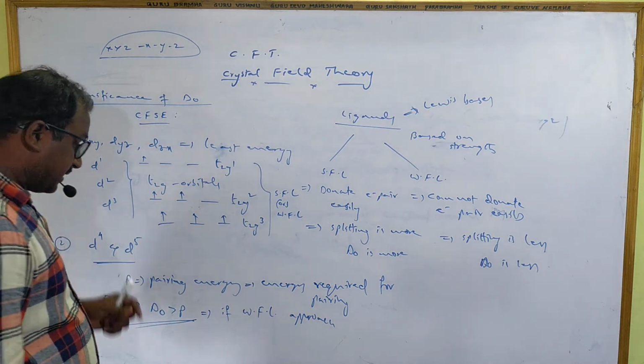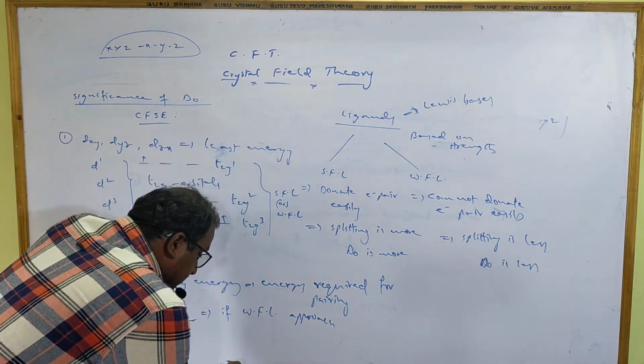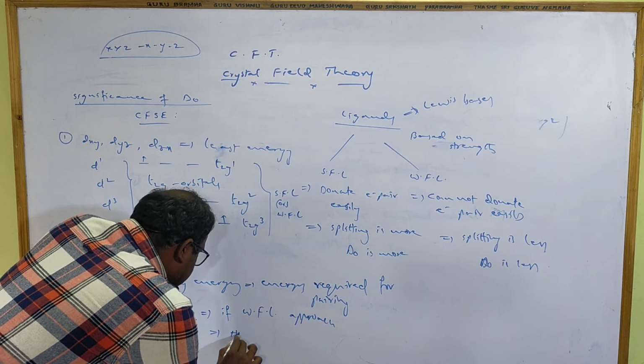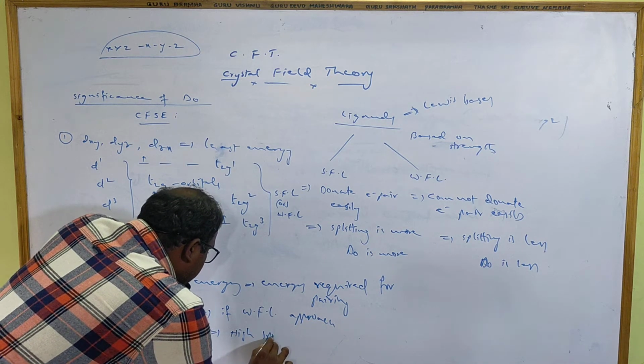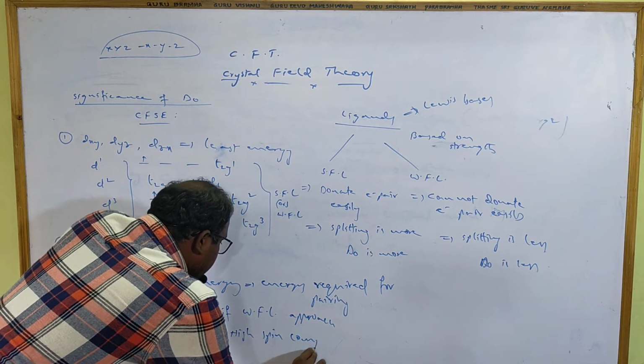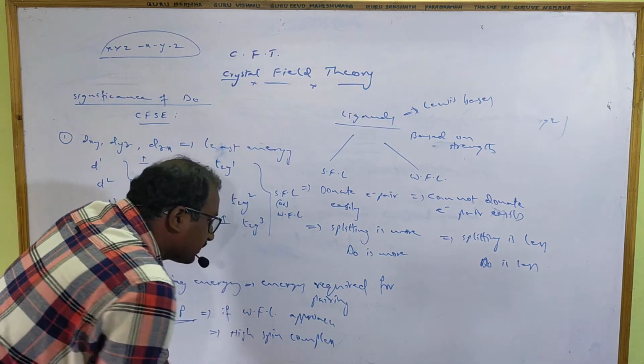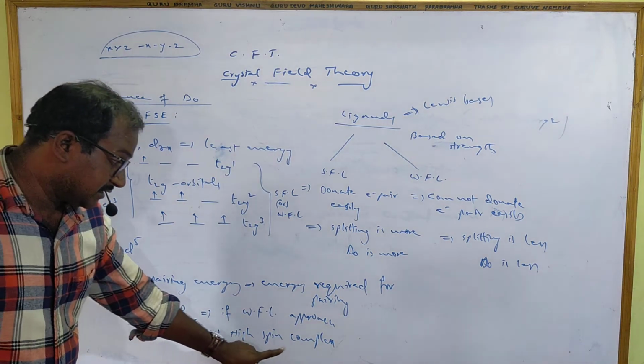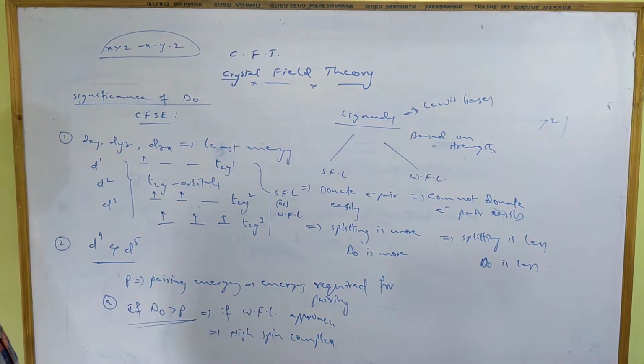If weak field ligands are approaching, we can say that complex is a high spin complex. When weak field ligands approach the central metal ion in octahedral complexes, we call them high spin complexes.